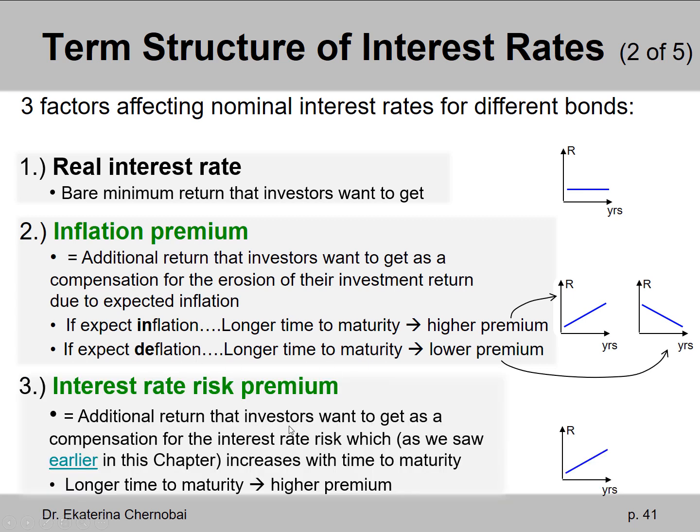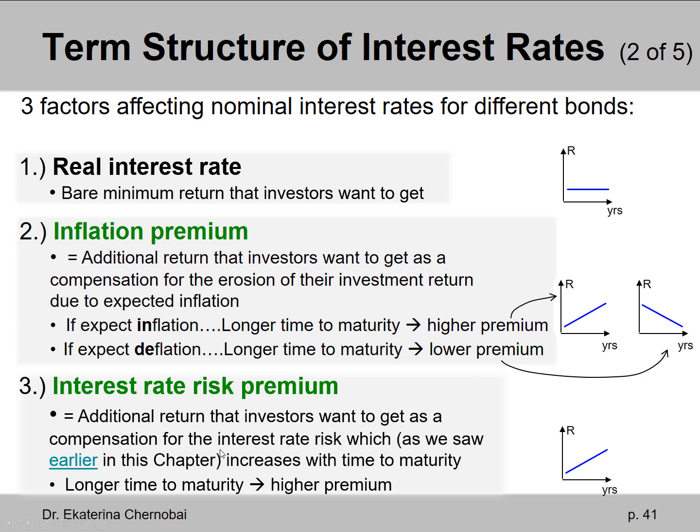The third thing that's also very important is something which we already had earlier in chapter 7, interest rate risk premium. What we had earlier in this chapter was the idea that bonds that have a longer time to maturity fluctuate in their price a lot more when there is any slight change in interest rates.